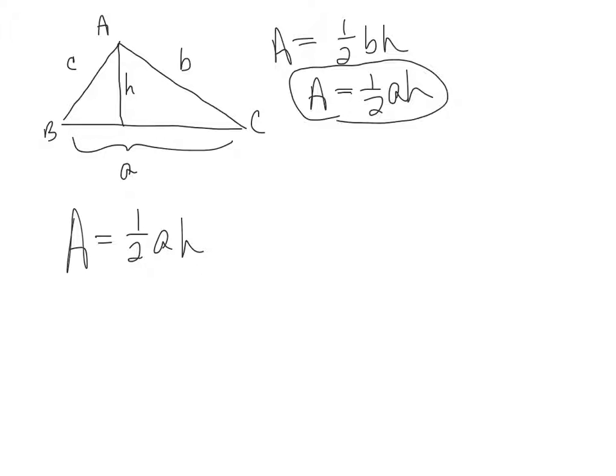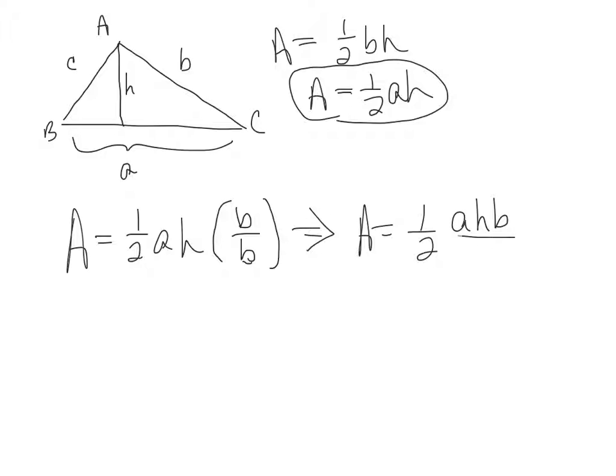Alright, so the first thing I'm going to do is multiply this statement by a fancy way to say 1. What happens if I take B and divide by B? I get 1. Awesome. That would give me A, H, B over B. I don't like how that looks, so I'm going to mess with it again.